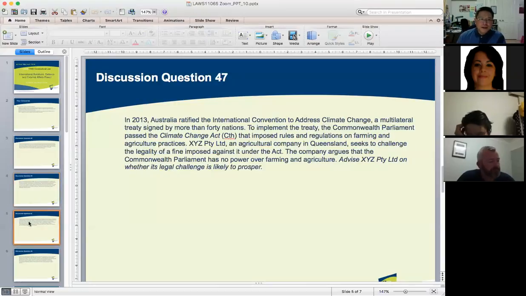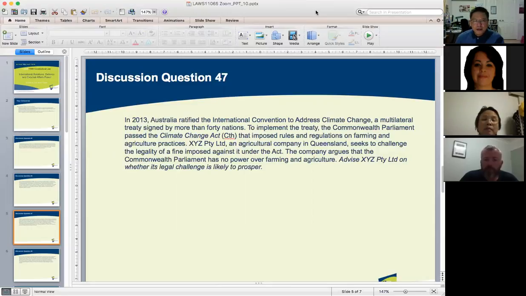Now, question 47. In 2013, Australia ratified the International Convention to Address Climate Change, a multilateral treaty signed by more than 40 nations. To implement the treaty, the Commonwealth Parliament passed the Climate Change Act, Commonwealth, that imposed rules and regulations on farming and agriculture practices.